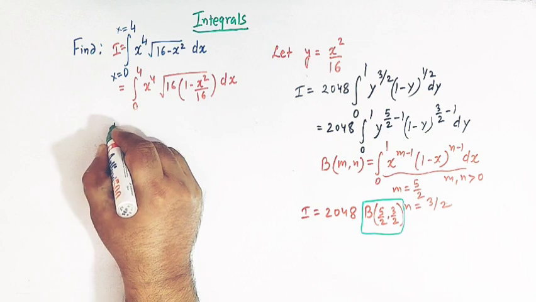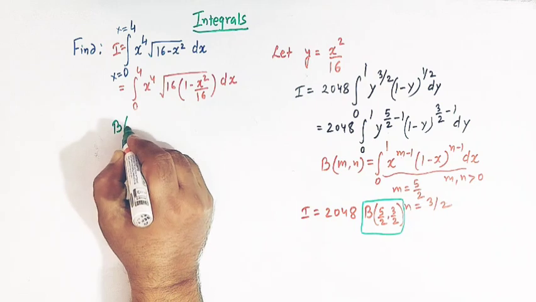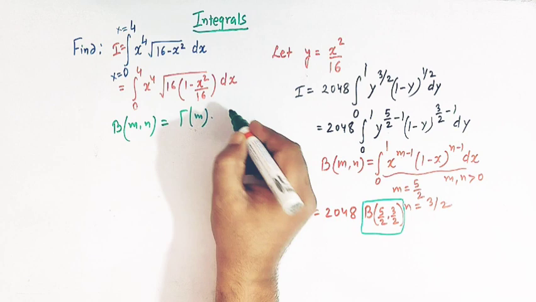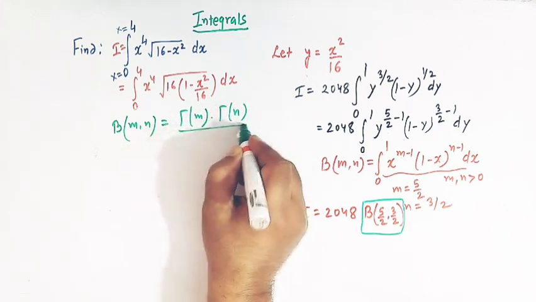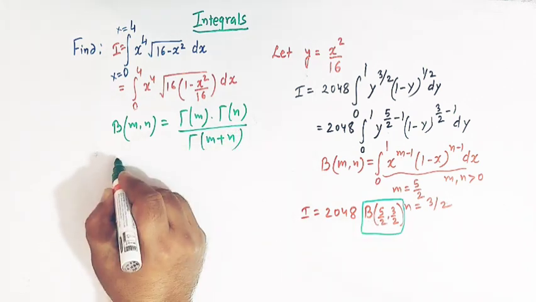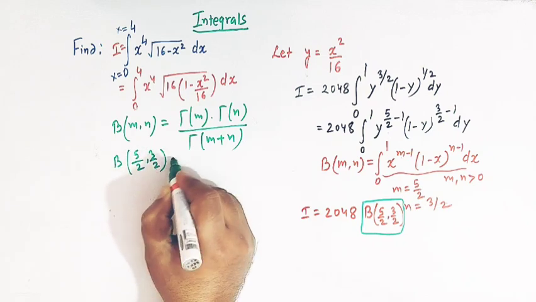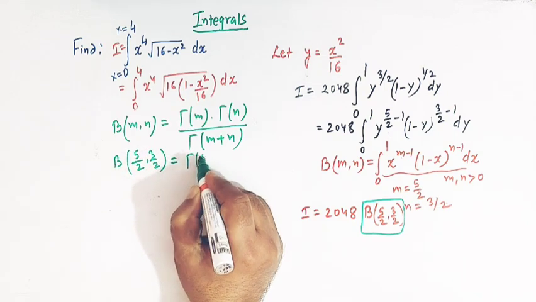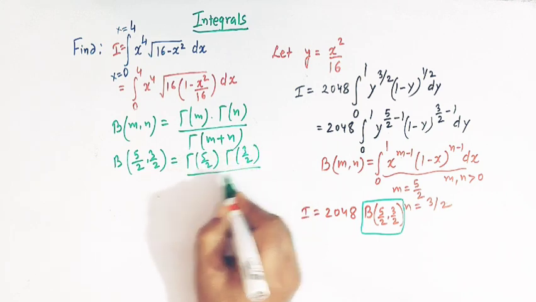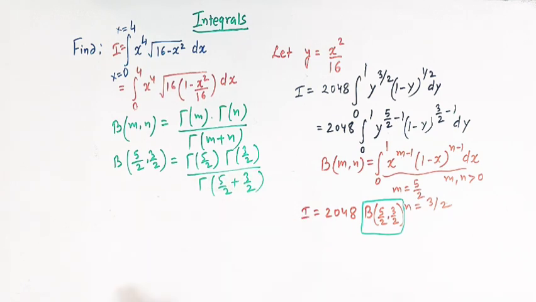And we know the relation between the beta function and gamma function, that is, beta mn is given by gamma of m multiplied by gamma of n, divided by gamma of m plus n. So beta of 5 by 2, 3 by 2 is equal to gamma 5 by 2, gamma 3 by 2, and then gamma of 5 by 2 plus 3 by 2.